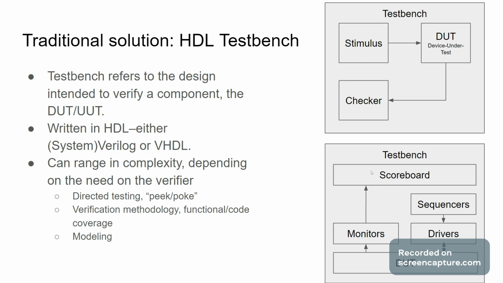And then a scoreboard is more of an elaborate system in itself, where it takes those passive streams of information and then scores it. Scoring could involve comparing against a model, doing functional coverage. You could have any number of operations in the scoreboard. Obviously, there's a lot of benefit that you get from having a more sophisticated test bench. But like I mentioned, it could take a lot of time and effort to get something like this.